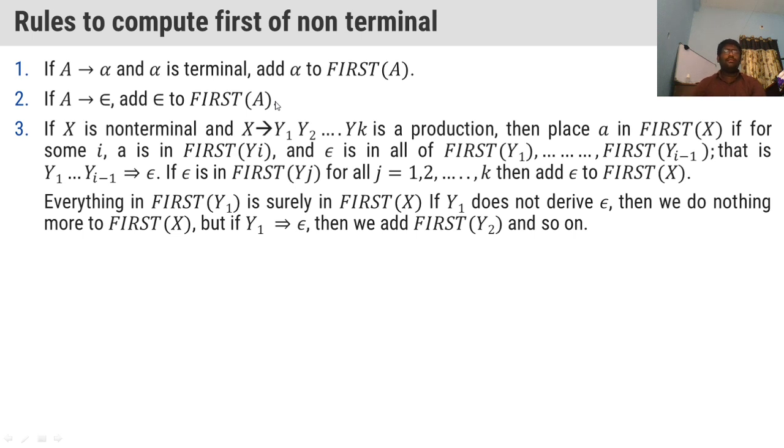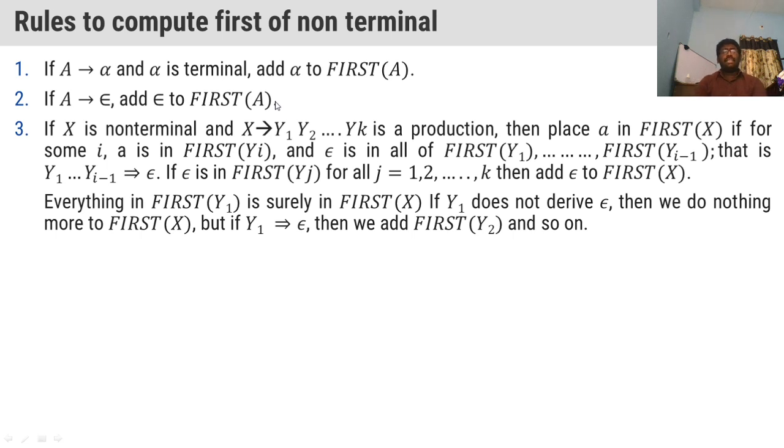I told you that the meaning of first here is, we will always look at the first symbol of the right hand side production. Anyhow, we will discuss more examples later.